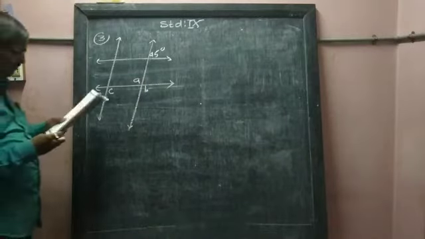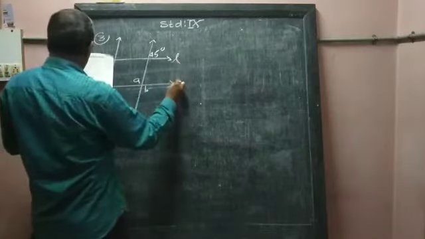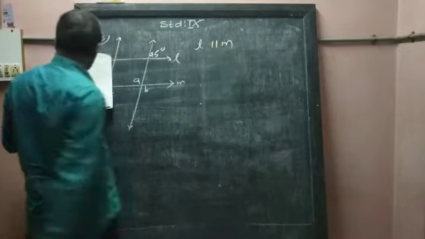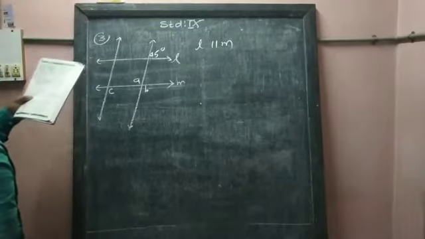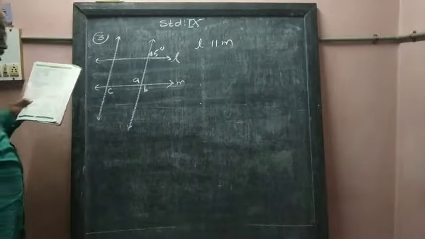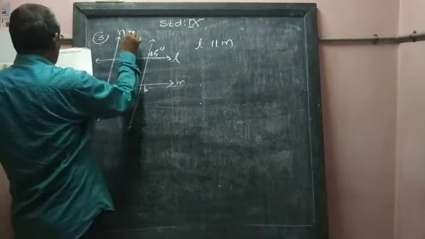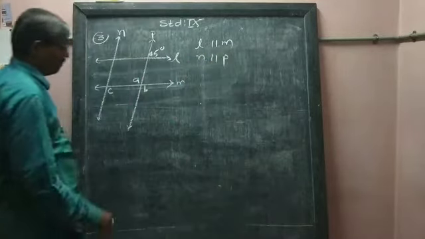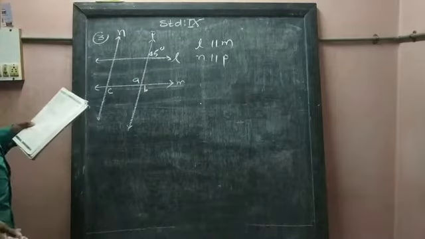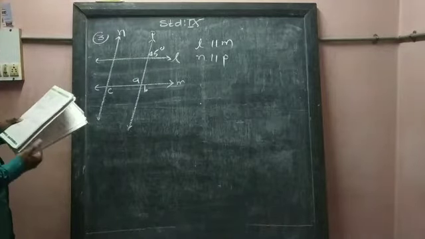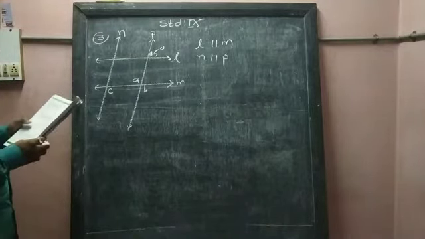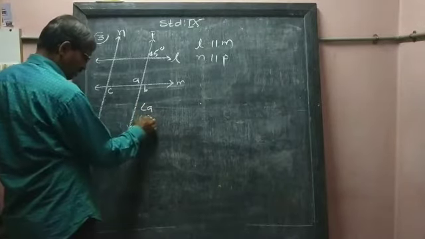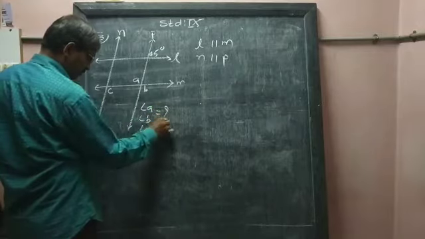Here L and here M, means L parallel M is given, and N parallel P is also given. Here you want to find A, B and C.